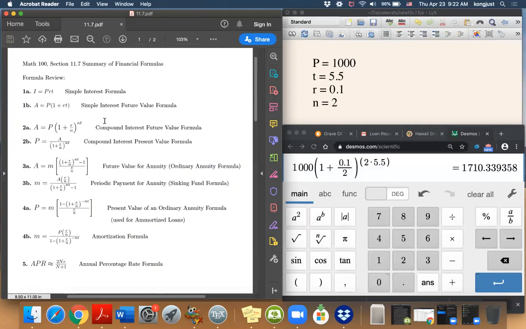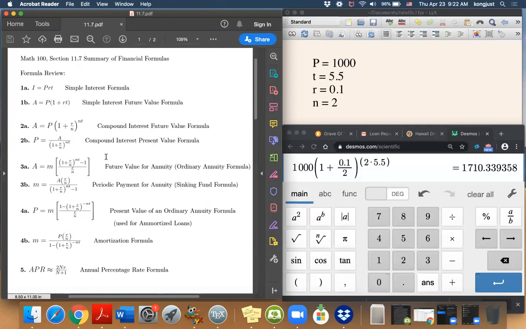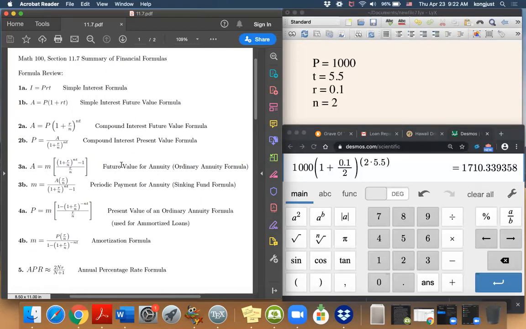So what do you guys think? Is it 3A? So 3A is also the future value formula, right? So it's not that one because I know the future value.